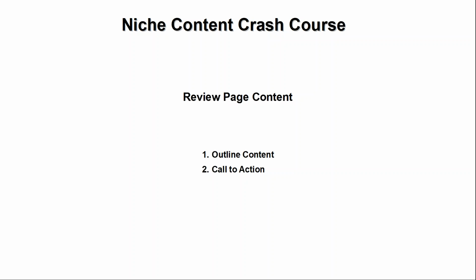Now, beyond outlining your content and then using that outline to help you to write your content, the other thing that will be a part of your product review pages is going to be a call to action, possibly multiple calls to action. And on these review pages, this will be in the form of an affiliate ad.